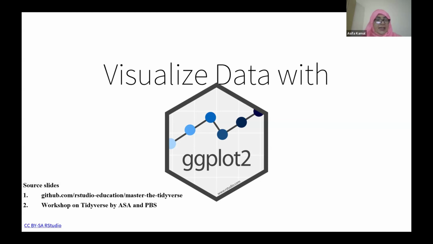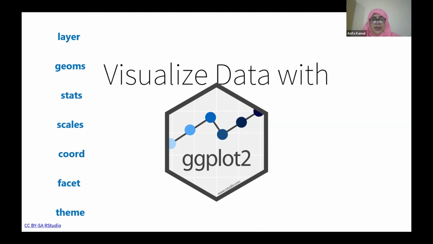ggplot2 is designed to work iteratively in the form of layers. It works like a human being plotting a graph on paper, so it follows the same principles and the same iterative process. As I mentioned earlier, ggplot works in the form of layers.